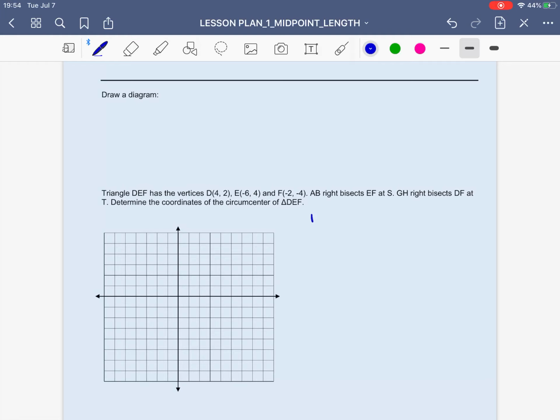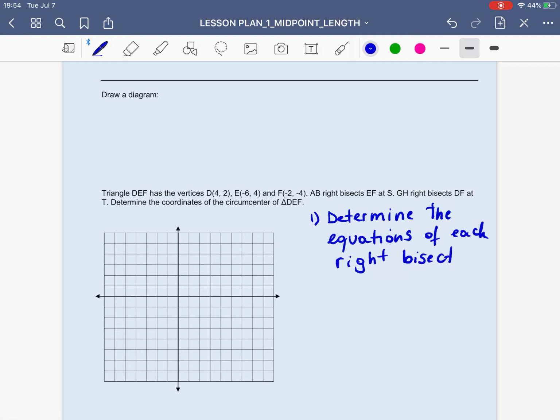And you can draw a diagram here just for the fun of it, but that's just a starting point for you. So what you want to do in here is step number 1, determine the equation of each right bisector. And because we know that all three right bisectors will intersect at the same point, we only need two right bisectors to find out where that intersecting point, the circumcenter, will be.